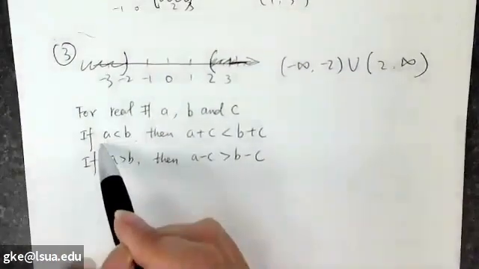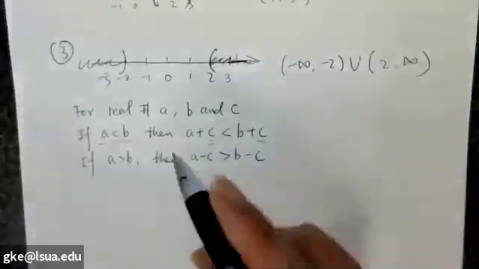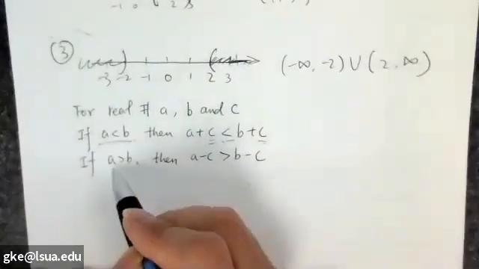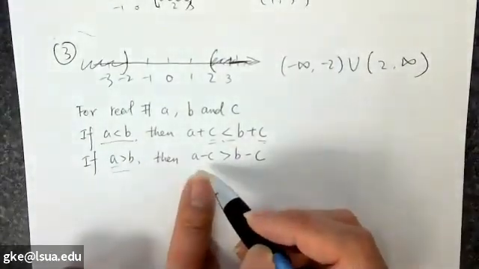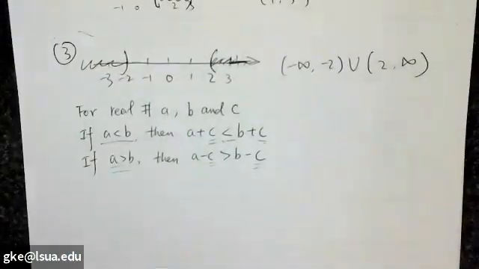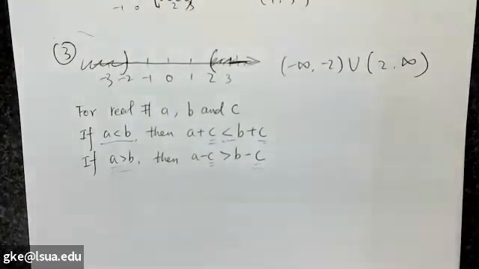If I have a value A less than B, if you add a constant, we will not change the sign of inequalities. Okay, of course, if A greater than B, if you subtract a constant, we will not change the sign of inequalities. So when you have the inequalities, if you add a constant or subtract a constant for both sides, we will not change the sign of inequality.